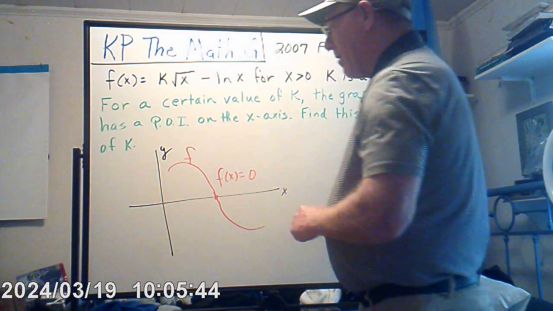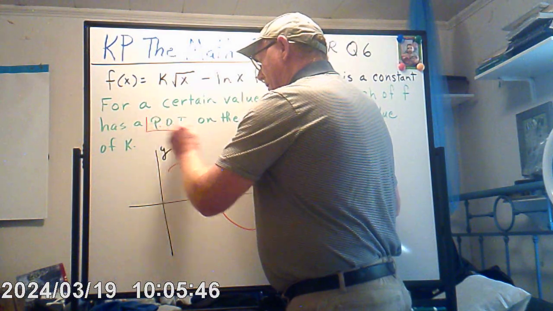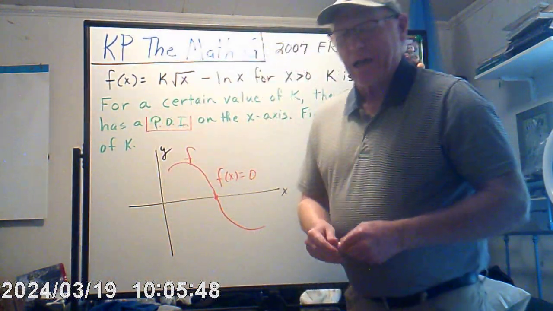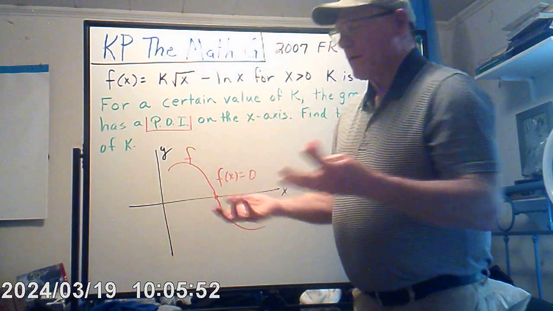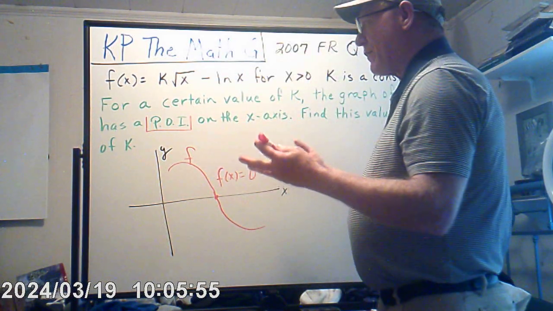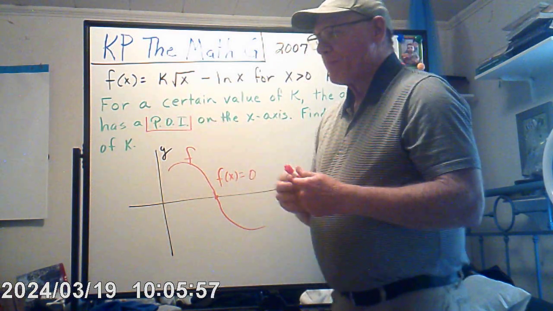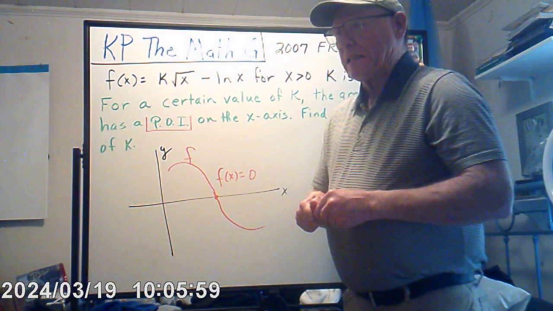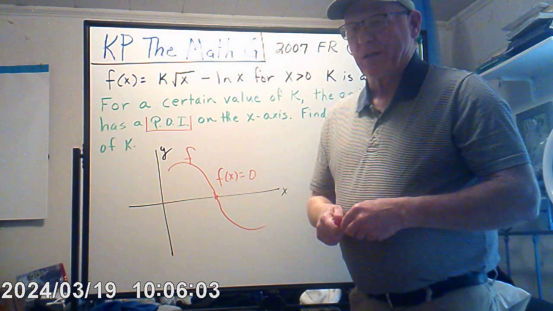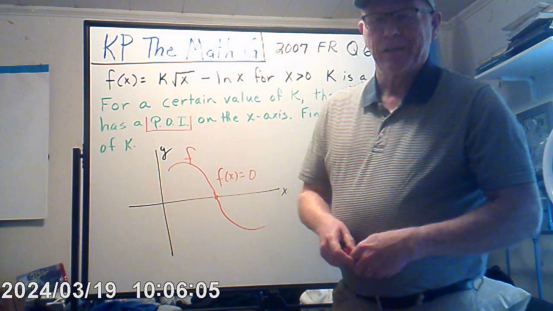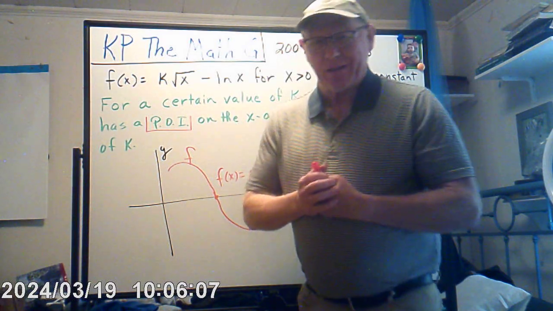What else do we know when we consider that this is called a point of inflection? What should we be looking for in terms of a function f when we say point of inflection? What do we need to find? Yeah, that's right, the second derivative.